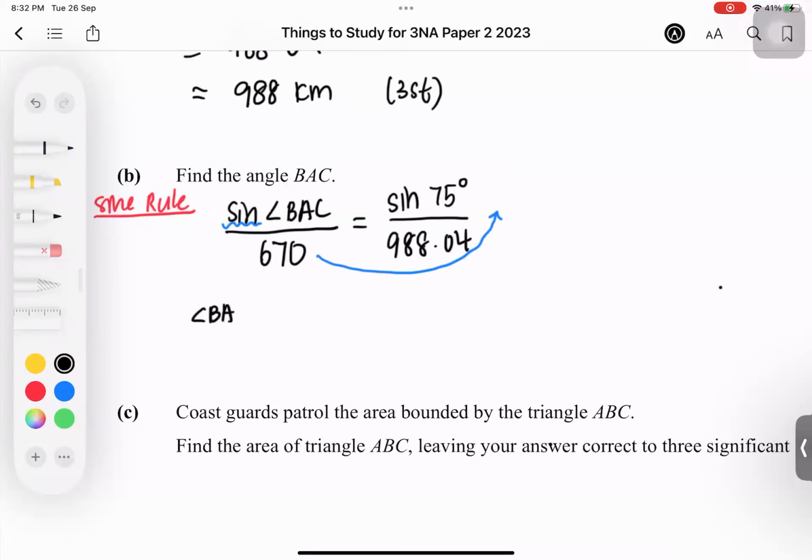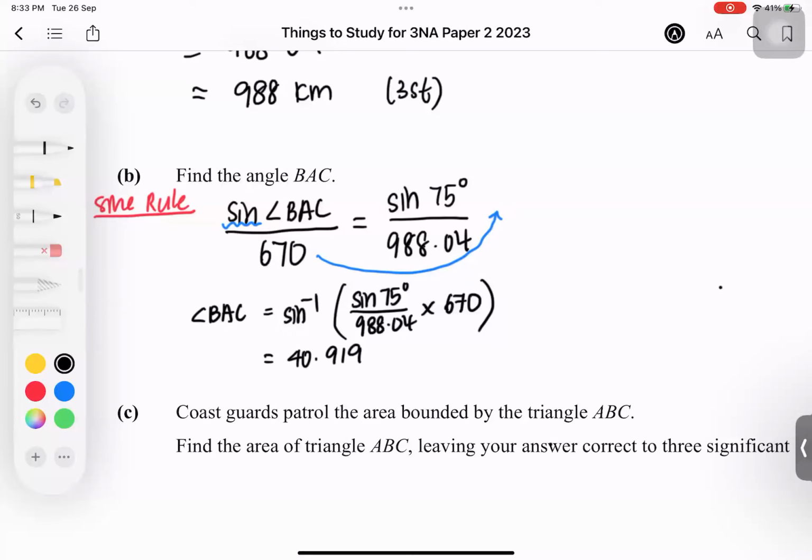Angle BAC equals sine inverse of the whole thing: bracket sine 75 times 670 over 988.04, close bracket. That gives 40.919.